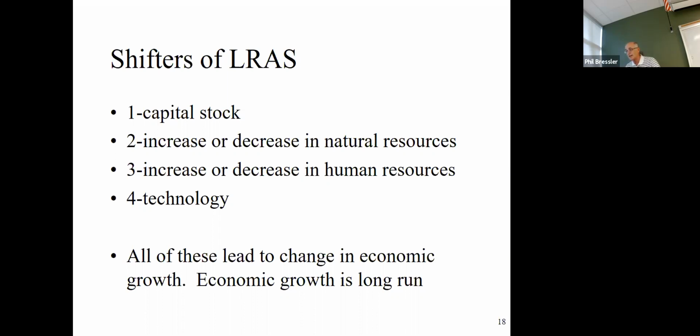I usually say increase or decrease of quantity or quality of resources; I just broke out human and natural resources there. Anytime they talk about economic growth, they are talking about the long run. So a shift in aggregate demand does not equate to economic growth. It's shifting the LRAS curve or the production possibilities curve. Any questions?